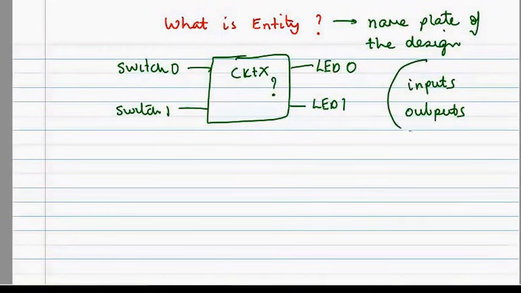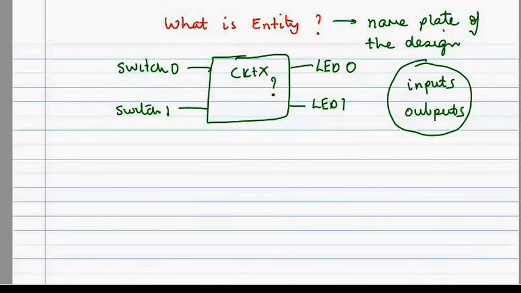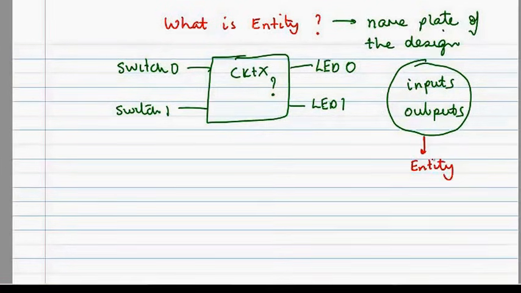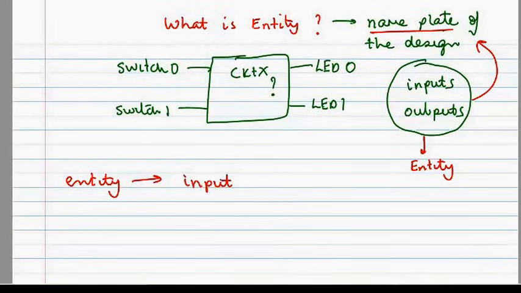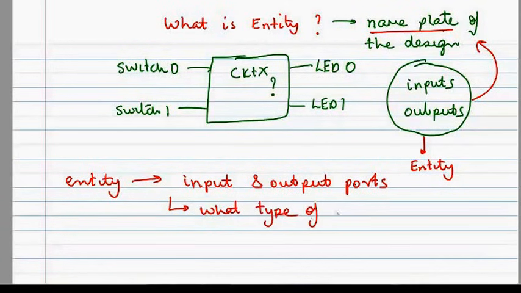If I know both of these, then it's enough for me to write my entity, because my entity tells me who the members in my house are, or basically the nameplate. So again, to summarize, entity helps me define the input and output ports, and also specify what type of ports they will be.